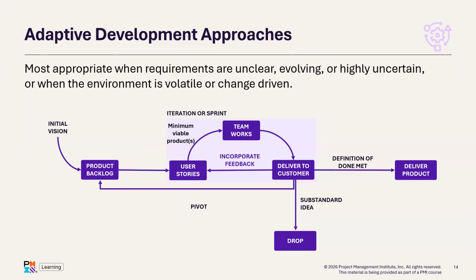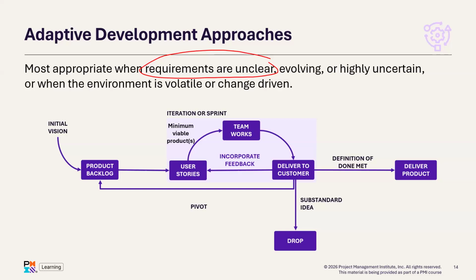Let's come to adaptive approach. It is not difficult. Just relax. Let's look at this diagram. We use adaptive approach when requirements are unclear. Requirements are stakeholders' expectations or value that is supposed to be delivered from the project, or even how to approach this project in terms of the technical know-how required to do the work is unclear.